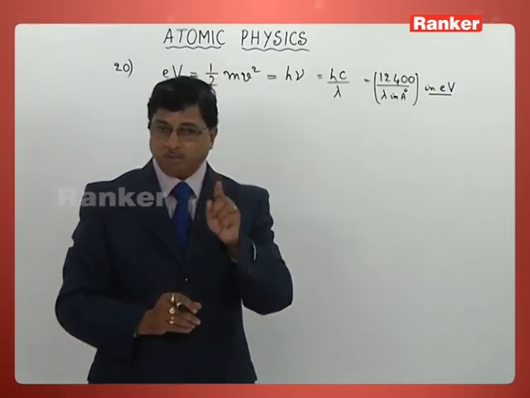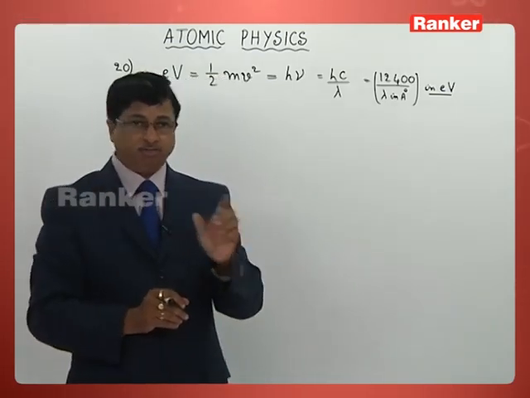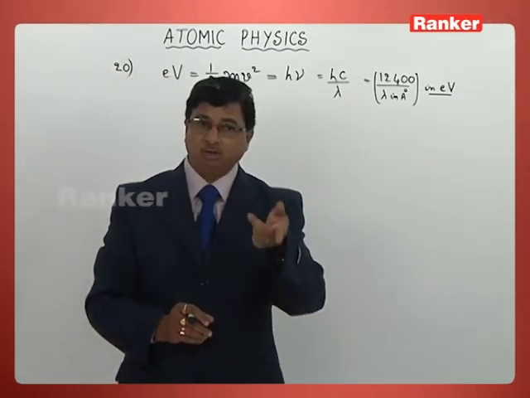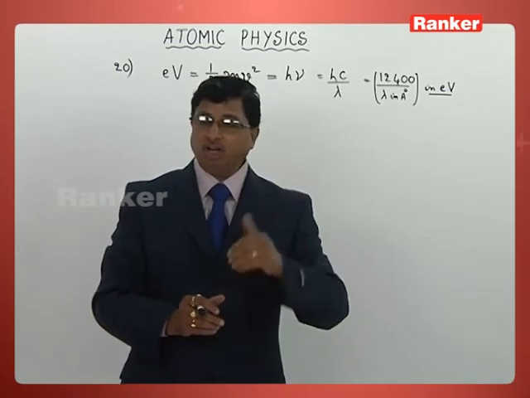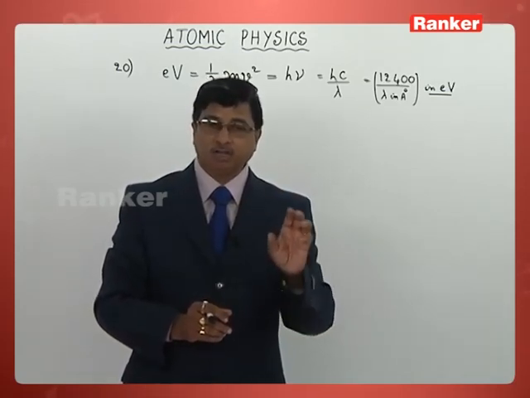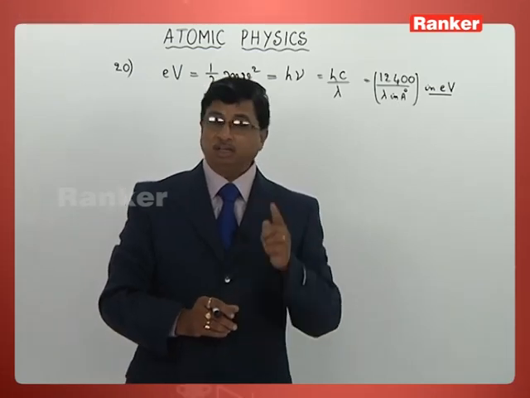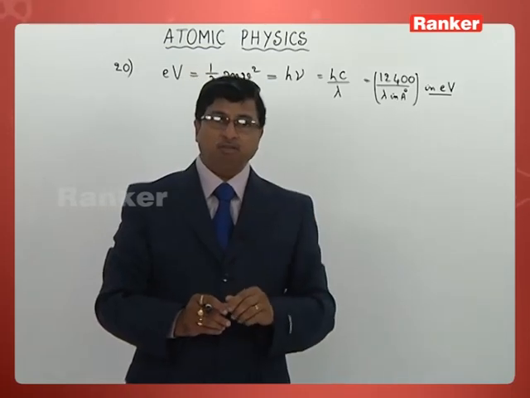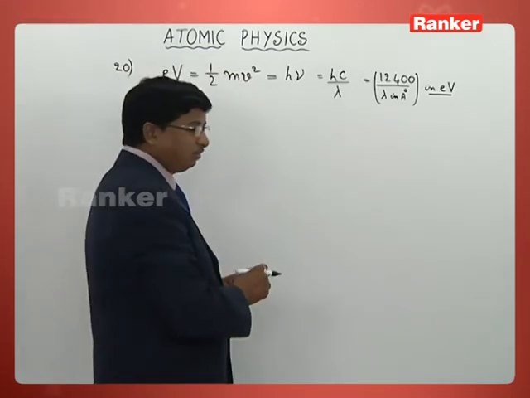Now look at this problem, which two different equations are to be equated. A potential difference of 60 kilovolt is applied across the ends of an X-ray tube. Energy of most energetic X-ray. When will you find the most energetic X-ray here?